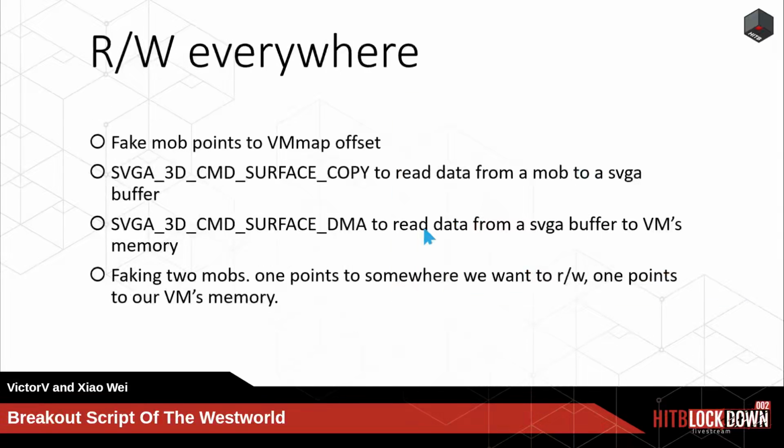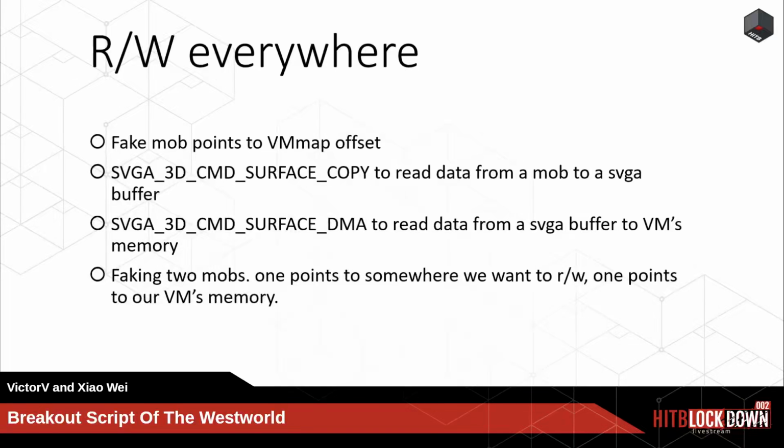After the previous steps, we can control a mob structure. It means we can read and write everywhere with two fake mobs, but we don't know the translated address of the guest's memory. So we need to leak the where-map offset to the guest first. To achieve this, we let a mob point to the address where the where-map offset is stored.